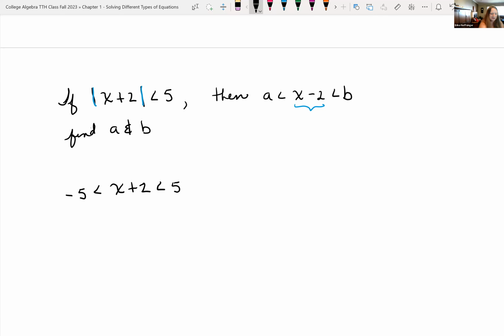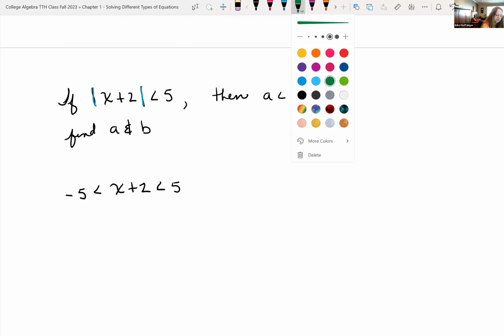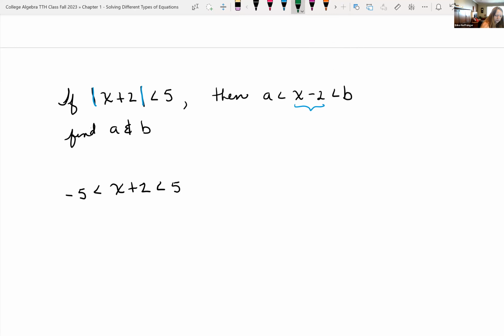So I can do a couple of things. I could subtract 2 on both sides and get x by itself. That helps you, you can do that. Whatever I do in between the inequalities, I have to do on each side of the inequalities. So subtracting 2 on both sides, I would get -7 is less than x is less than 3. But I wanted x minus 2, not just x in between.